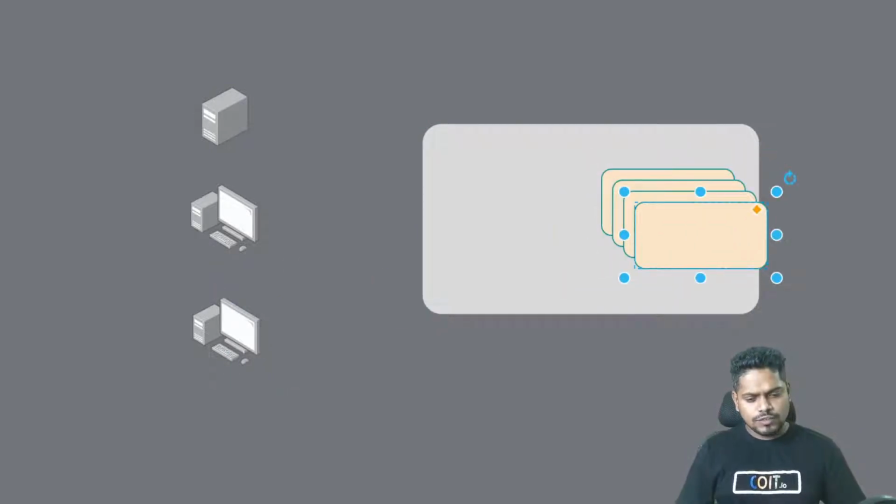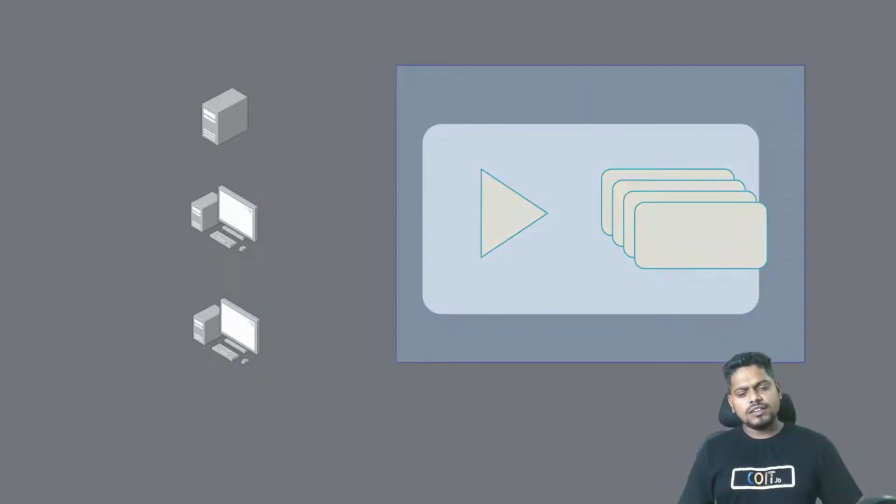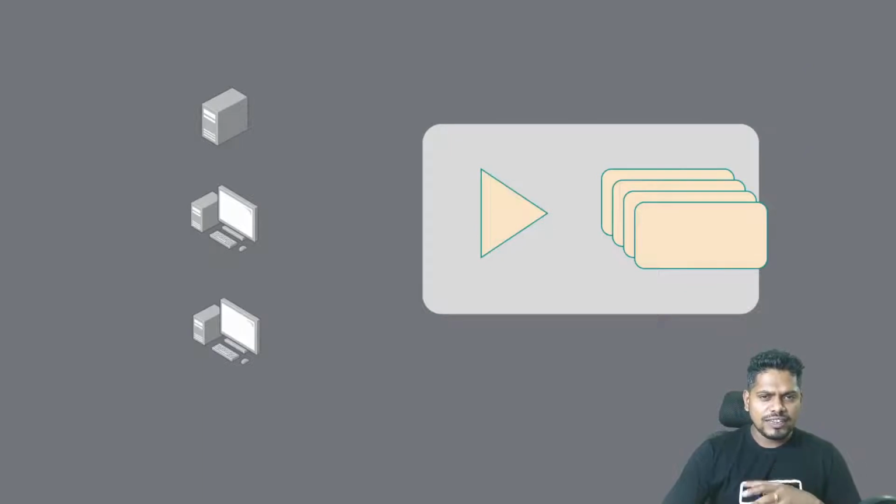So the advantages of k3d is that it is very lightweight, and this is not really the actual Kubernetes cluster that k3d uses. K3d uses K3s, which is a lightweight version of Kubernetes, and it is not an official Kubernetes release.